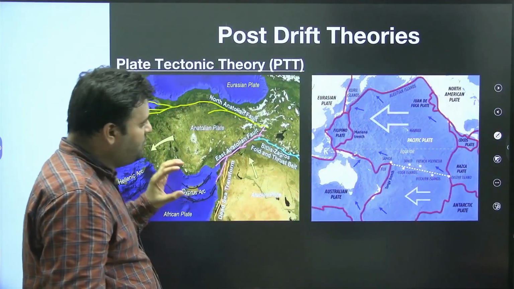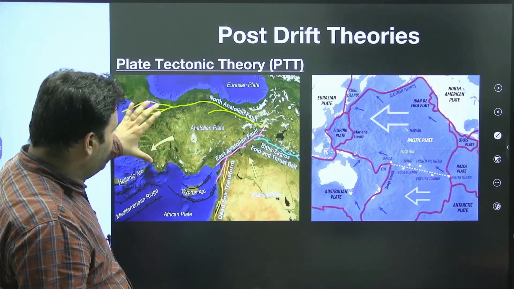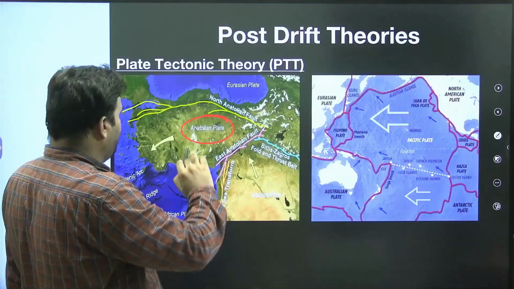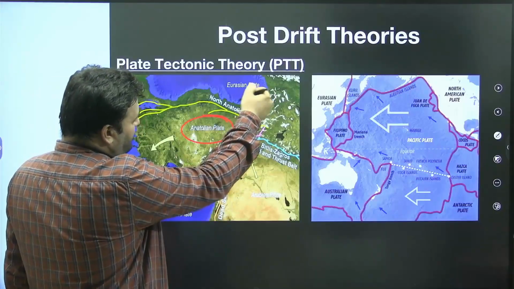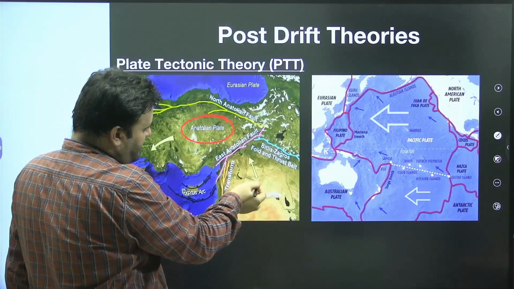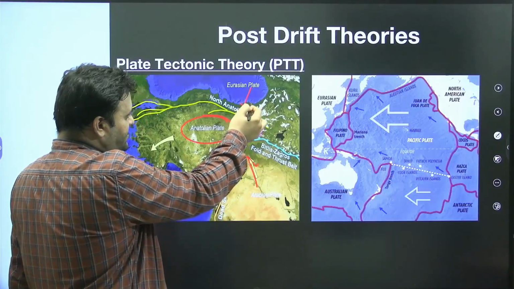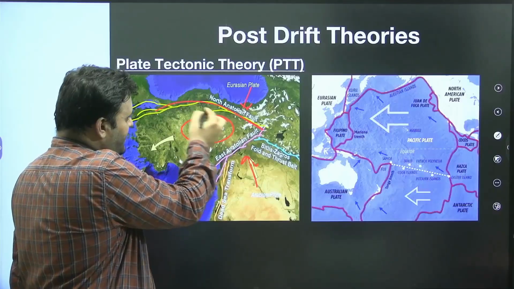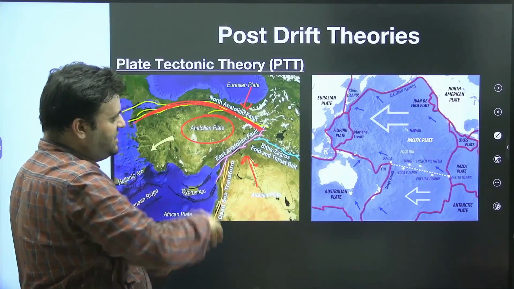Here we have the Anatolian plate. As a result, we will have some sort of parallel interaction.